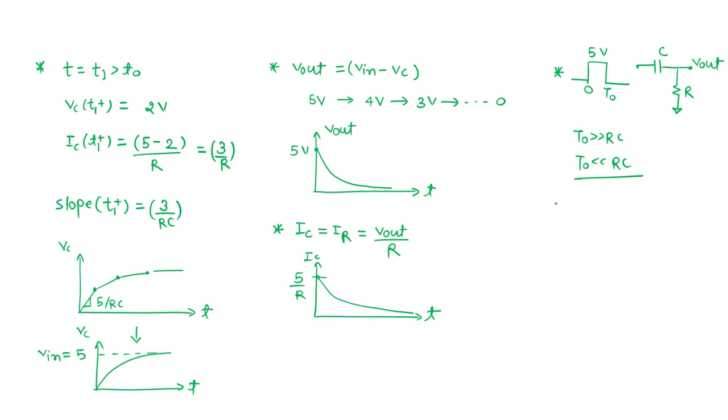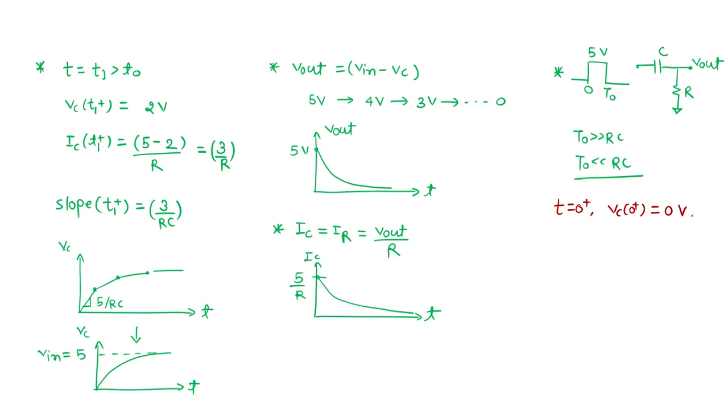So at T equal to 0 positive, I'll see the cap to be shorted. So we see 0 positive to be 0 volt. I'm not considering any initial charge. We will slowly take the circuits with initial charges on the capacitors also, but as of now, I'm not considering any initial charge on the capacitor.